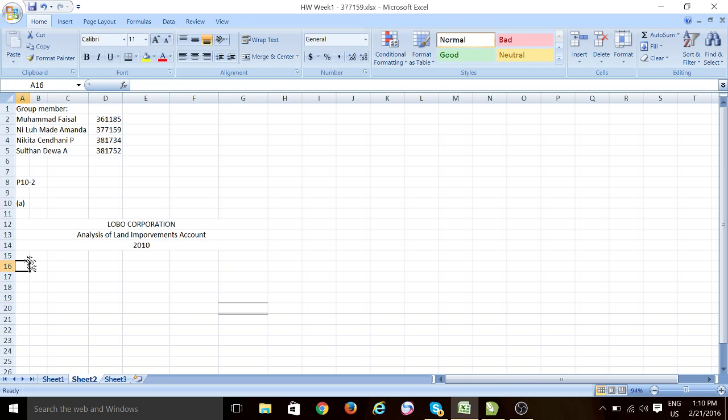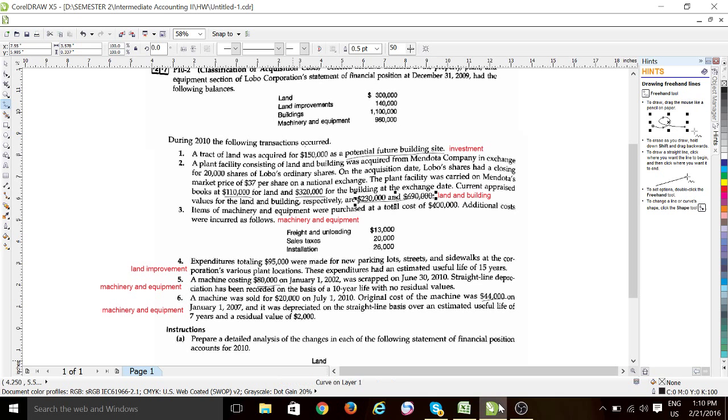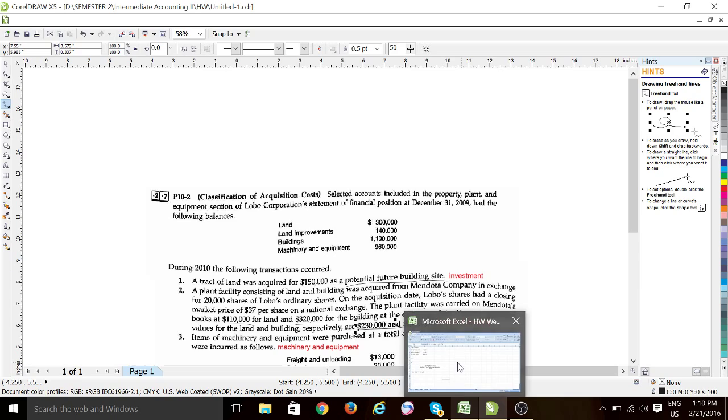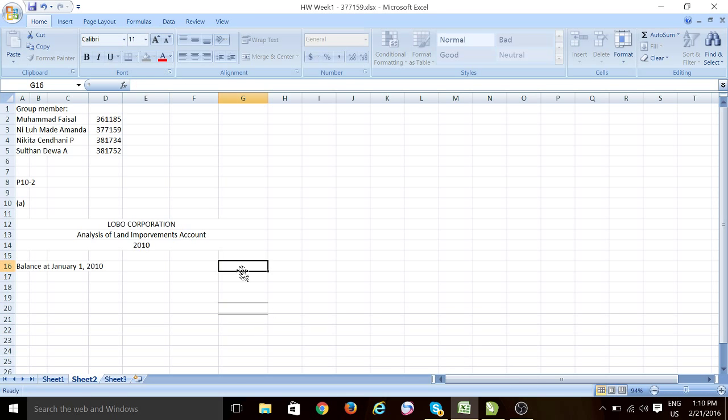Just the same as the previous one, we note the balance at January 1st, 2010, which is the same as the ending balance at December 31st, 2009, which is $140,000.